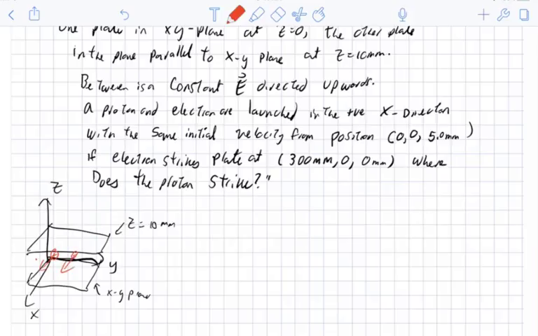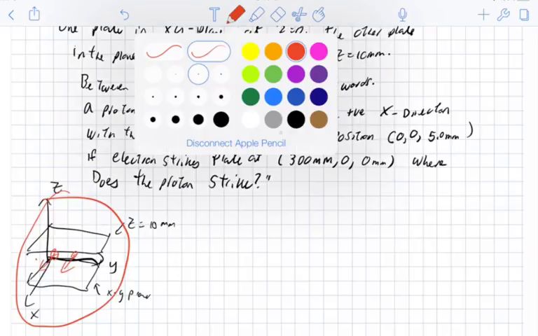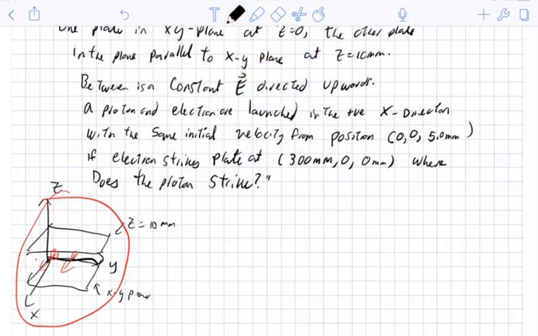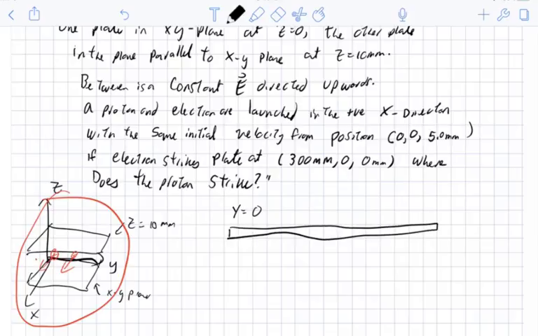Okay? So drawing it in 3 dimensions is kind of confusing. So what I'm going to do is I'm going to take a little slice of it at y is equal to 0. Okay. So this is what it looks like along the xz plane.